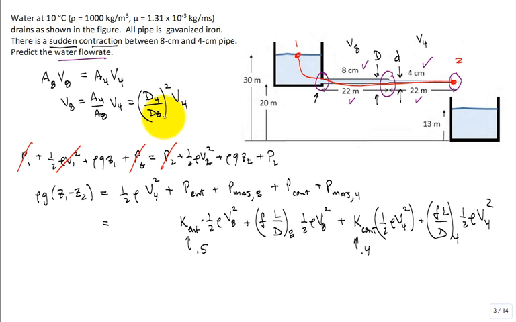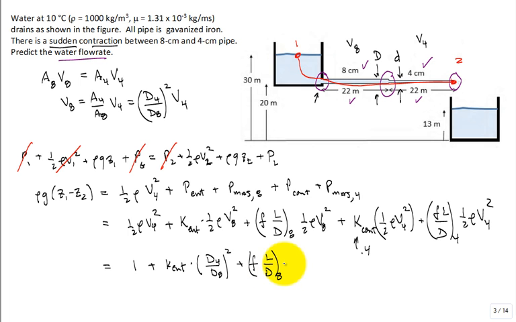Why would we do that? So that we can rewrite this equation as 1 plus K entrance times D4 divided by D8 squared, plus F L over D, all for the 8, times D4 over D8 squared, plus K contraction, plus F L over D, all for the 4.